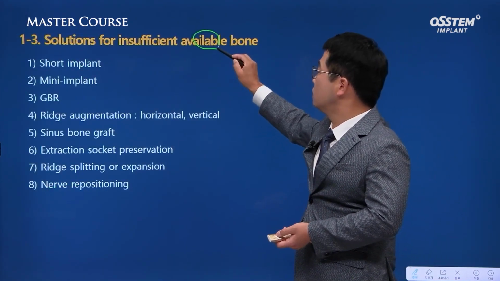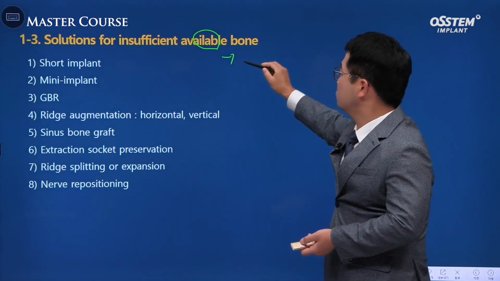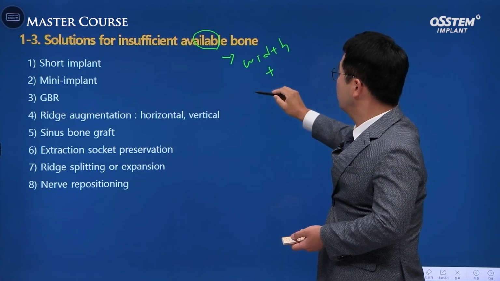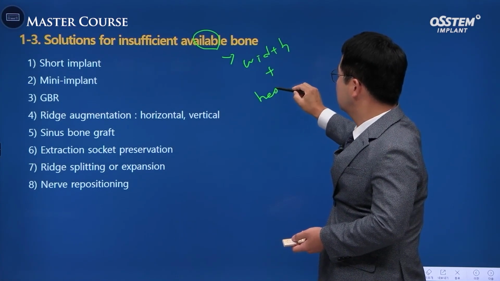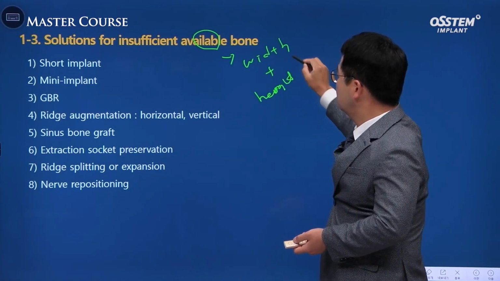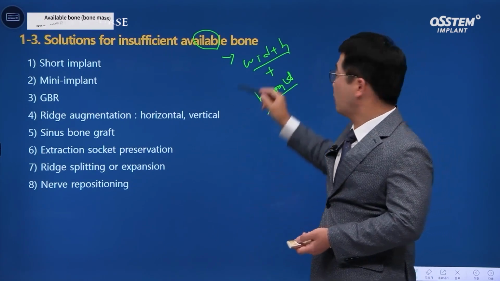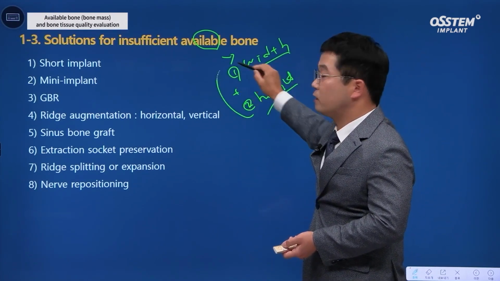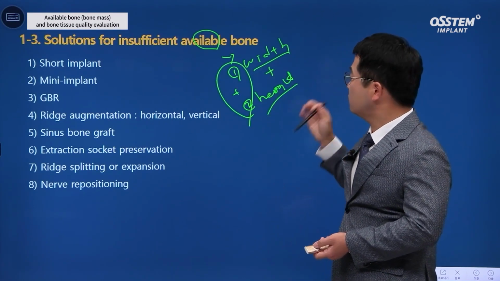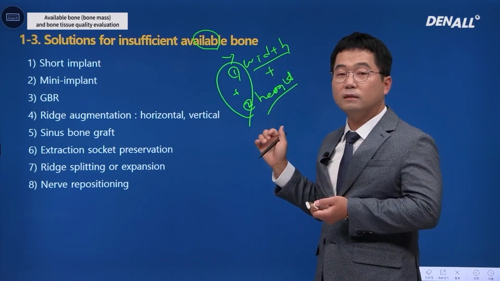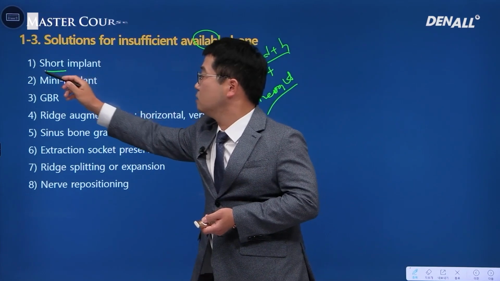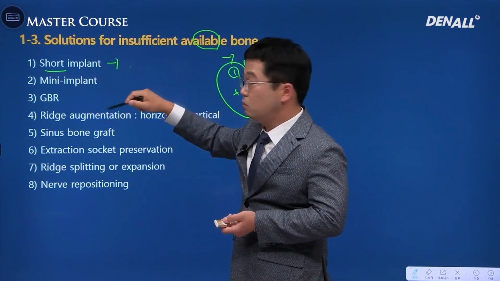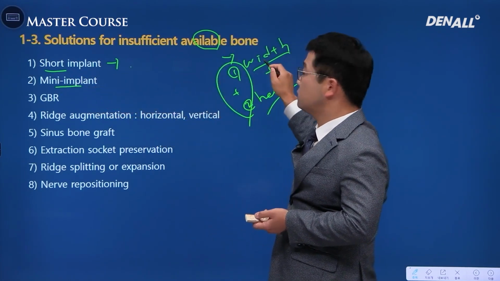In the case of insufficient bone, we need to look at the width and height. At times, a patient can be lacking in one aspect, or both height and width may be an issue. As for short implants, when there's lack of height, they can be used, and when width is lacking, you can use mini implants.